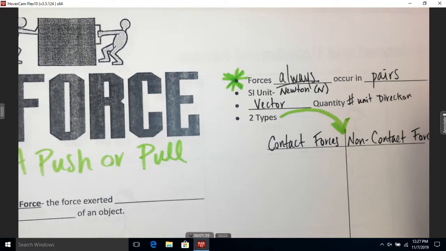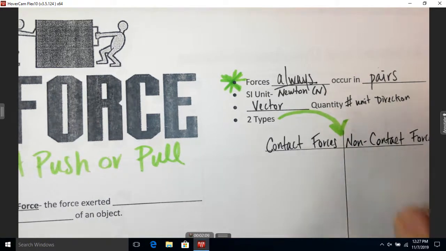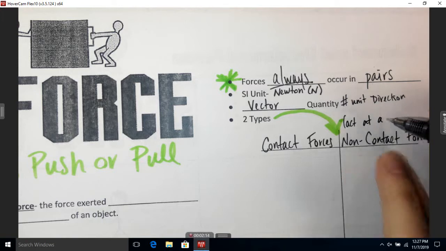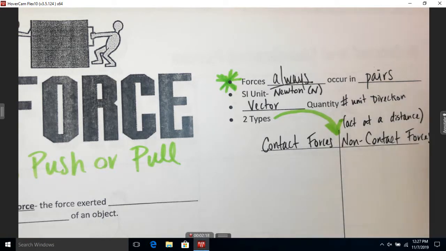Contact means we would actually touch it in some way, and non-contact, you don't. So the non-contact forces act at a distance. Basically, there's distance between them, and the distance could be big, but they're still going to put a force on something.